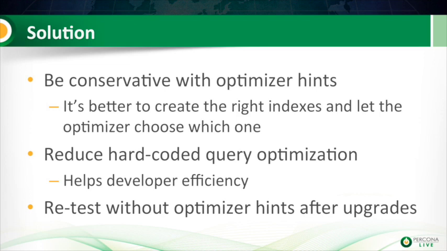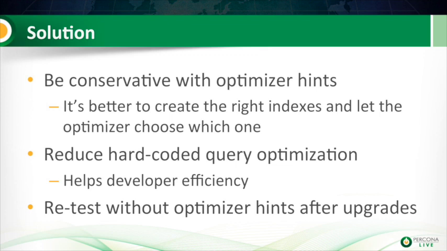Be conservative with optimizer hints. Don't overuse them. Treat them as an exception rather than the rule. It's better to do some query analysis and choose the right indexes to let the optimizer make an intelligent choice. Reducing the hard-coded naming of indexes in your queries means your application is more abstract and easier to maintain.